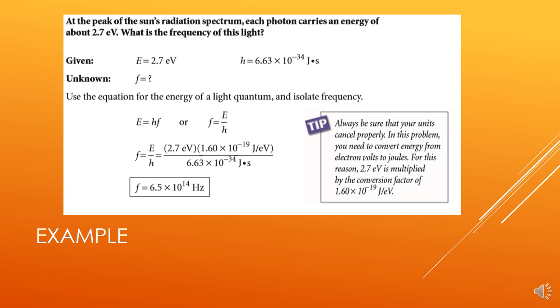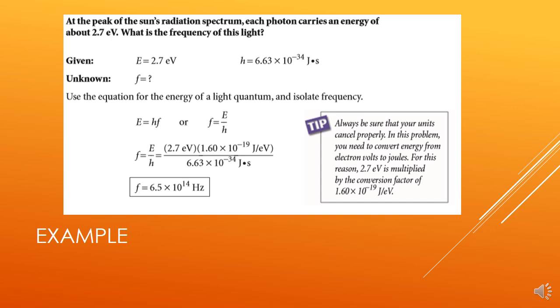It says use the equation for energy of a light quantum and isolate frequency. Isolate frequency just means solve the formula for f. So E is equal to hf. If I divide both sides by h, I get frequency is equal to energy divided by Planck's constant. So I substitute in.